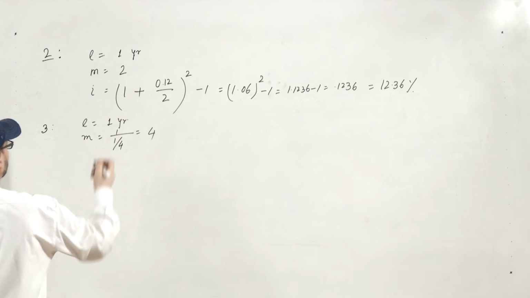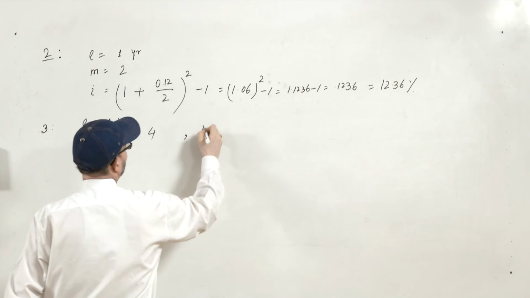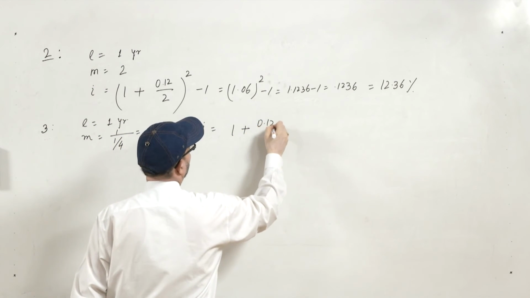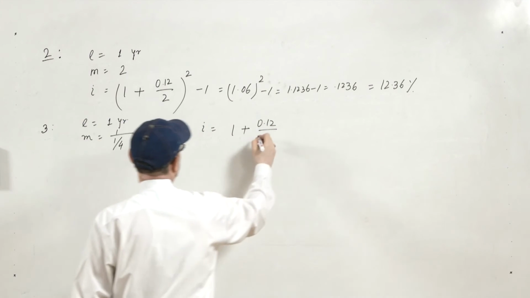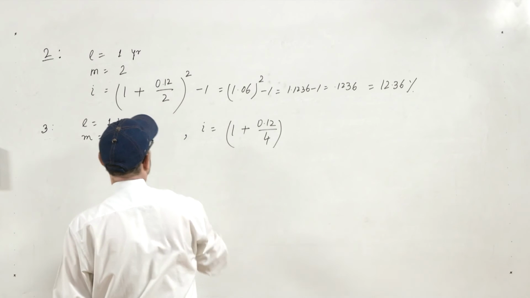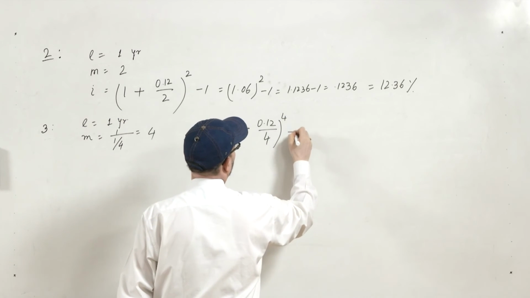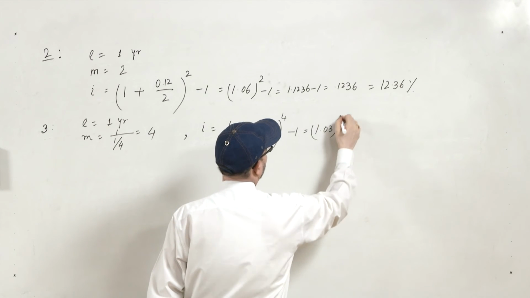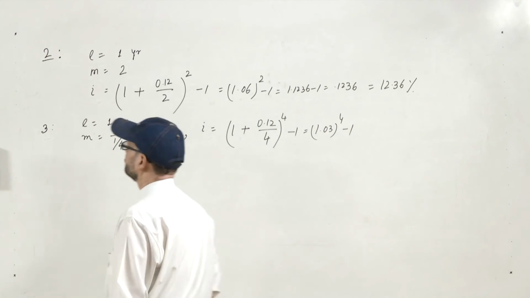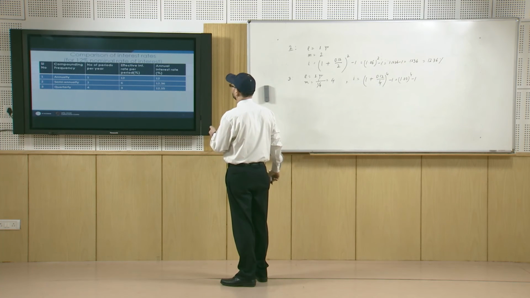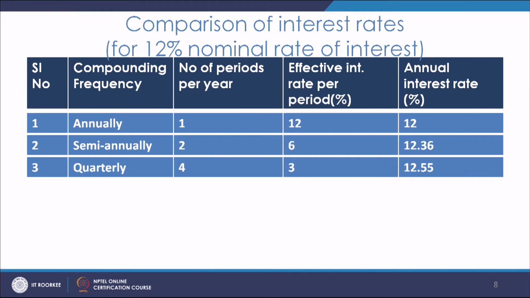So, in this case I will be calculated as 1 plus 0.12 divided by M, M is 4, raised to the power L into M, that is 1 into 4 is 4, minus 1. So, 1.03 raised to the power 4 minus 1, and that gives you the result of 12.55%.